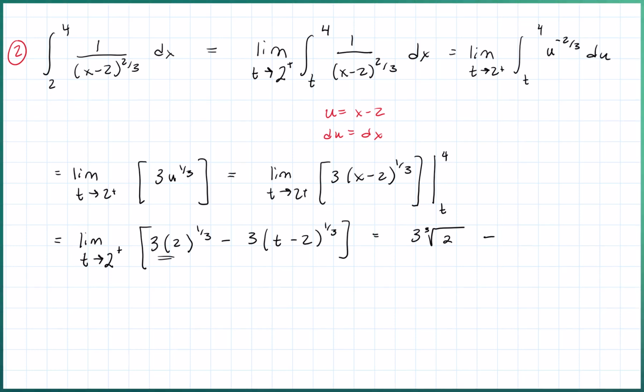Minus, when we plug in 2 from the right, that becomes 0 to the 1/3, so that's 3 times 0. So this value is 3 times the cube root of 2, which of course is a finite value, and so this second integral is also converging.